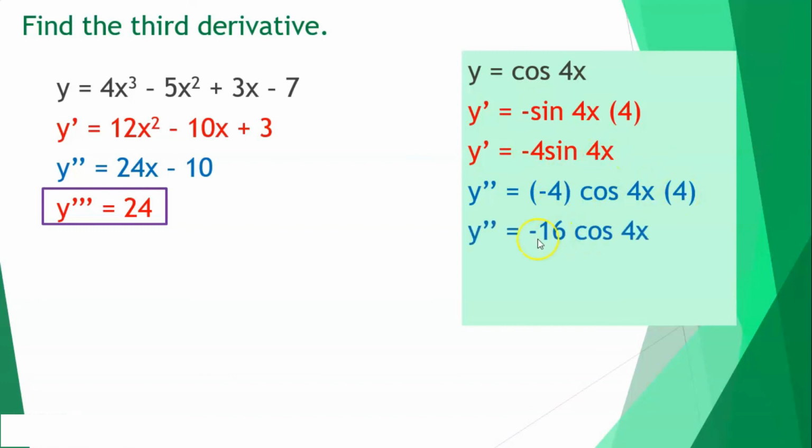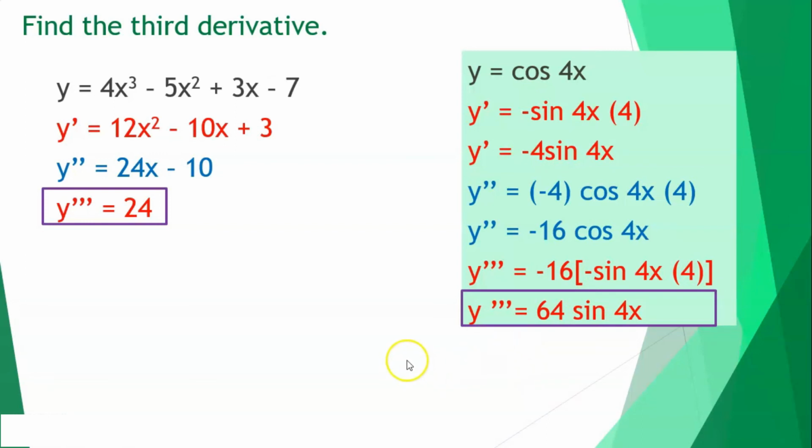Or we can simplify it as negative 16 cosine 4x. Now, to get the third derivative, negative 16, again, the derivative of cosine is negative sine 4x, and the derivative of 4x is 4. Or we can rewrite it as, because it's negative 16 times negative 4, that would be positive 64 sine 4x.